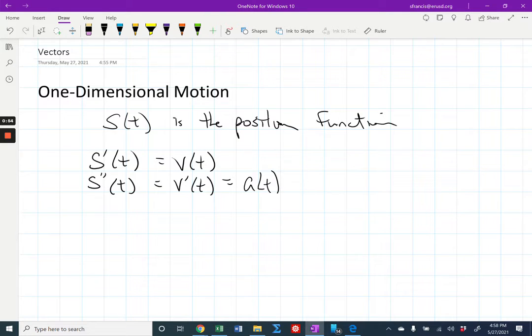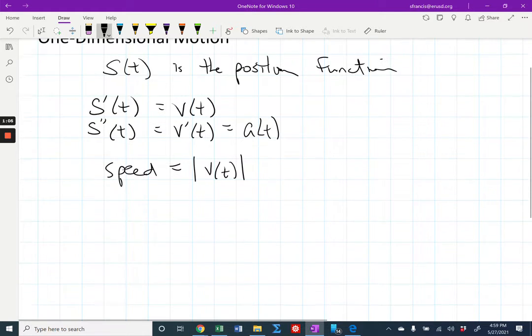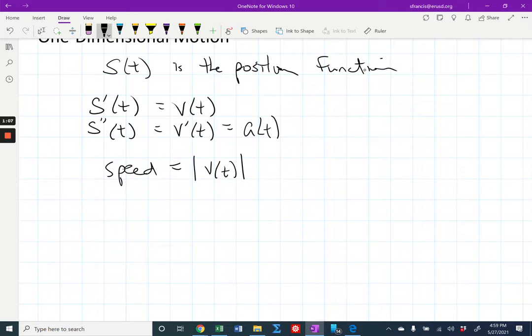We also know that speed is the magnitude of the velocity vector. Okay, so those are some things that we need to know. There's a few more things. We learned how to calculate displacement in a couple different ways.